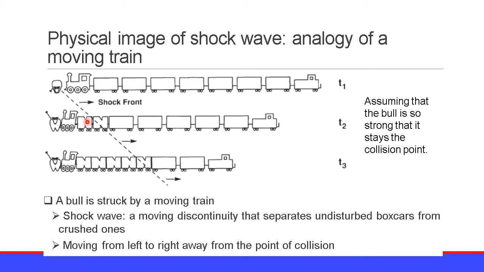Then the train still moves from left to right, but the front of the crushed box cars moves much faster from left to right. So this moving discontinuity that separates undisturbed boxcars from crushed ones is a shock wave.